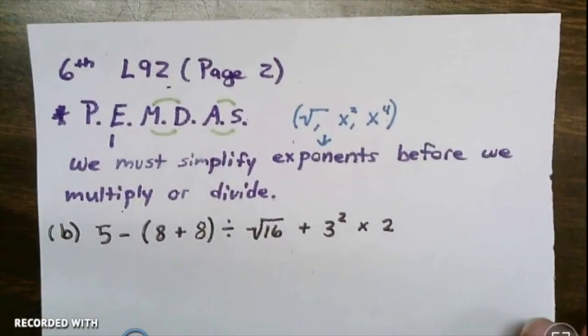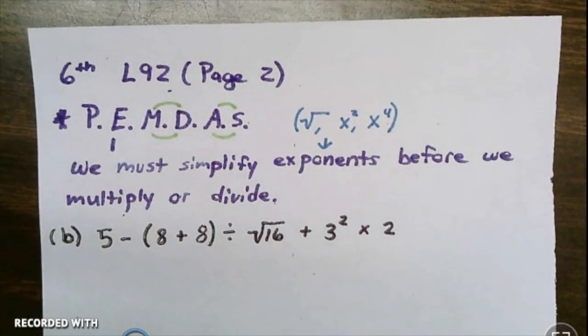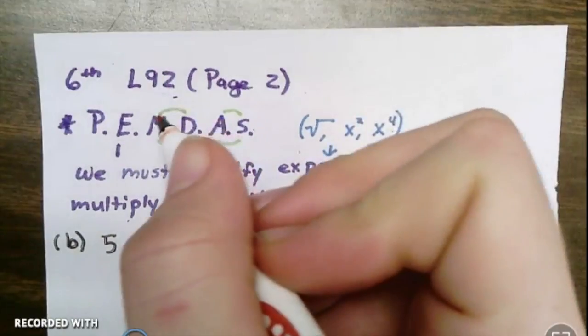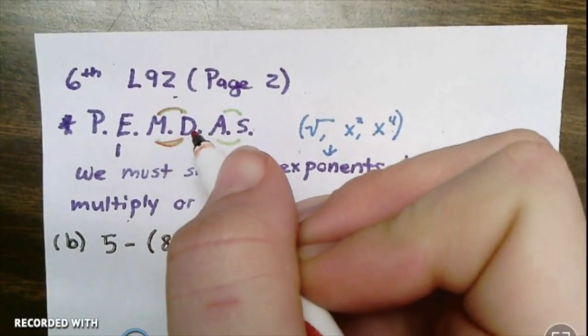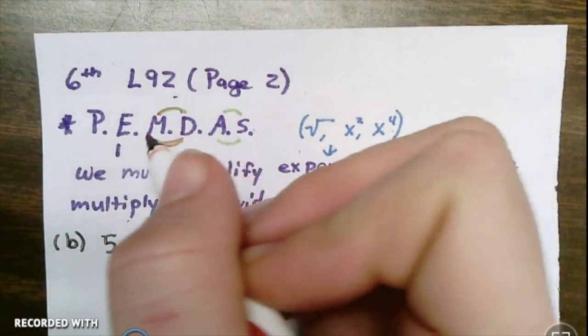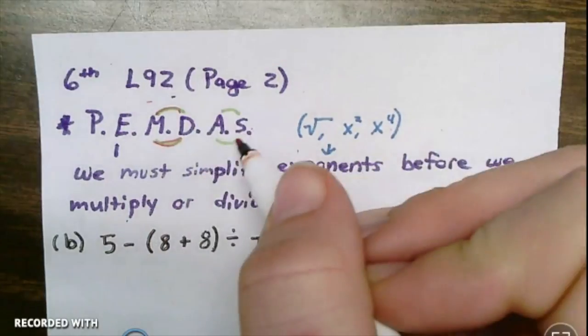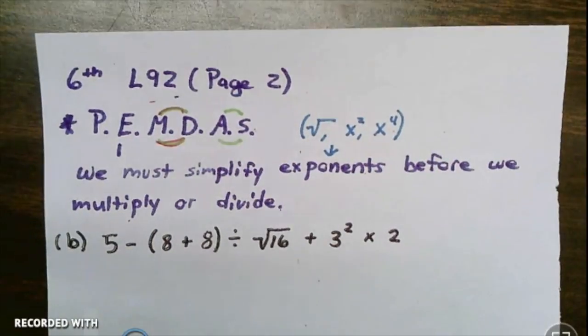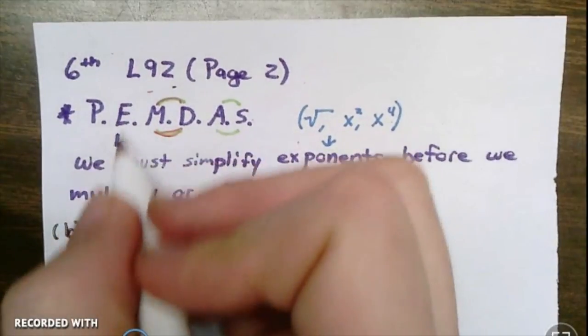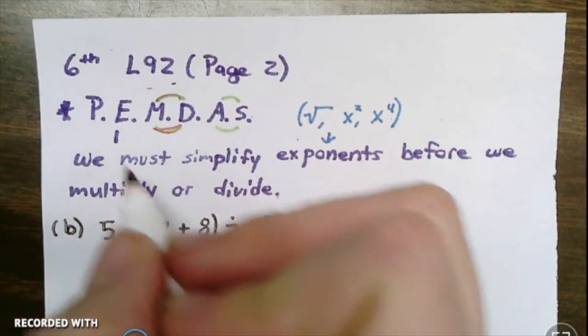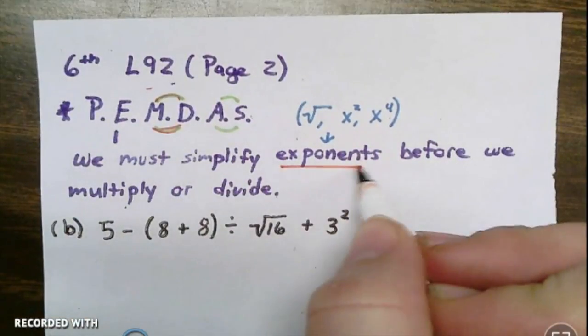All right, here's the next page. So the next part of this lesson is talking about PEMDAS again. Please excuse my dear Aunt Sally. Remember that multiplying and dividing can happen, division can happen before multiplication. You work from left to right. Same thing with addition and subtraction. So right now we're going to concentrate on this E. The E in PEMDAS stands for exponents.